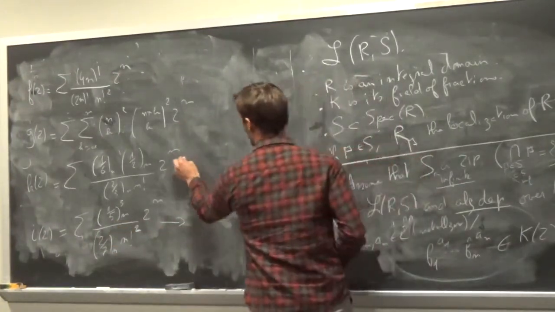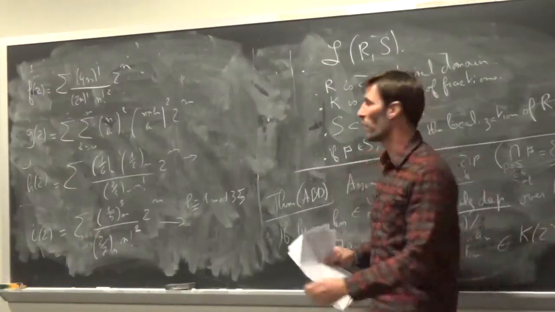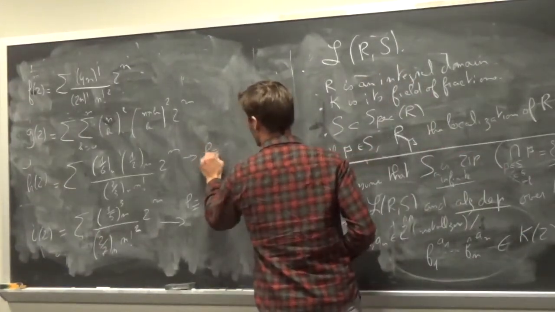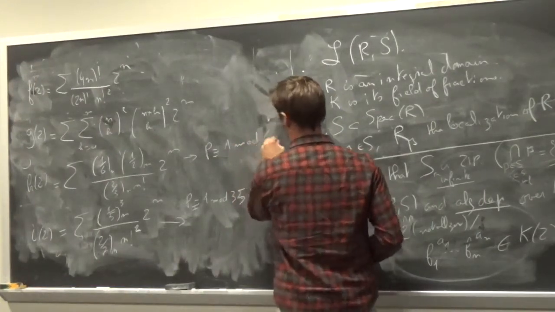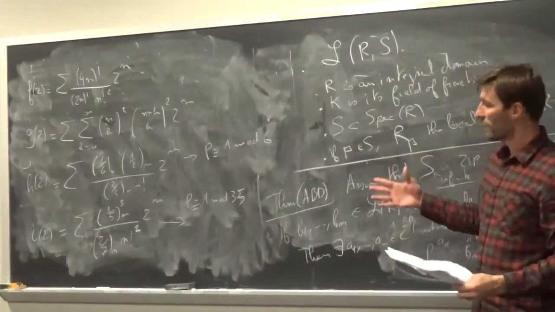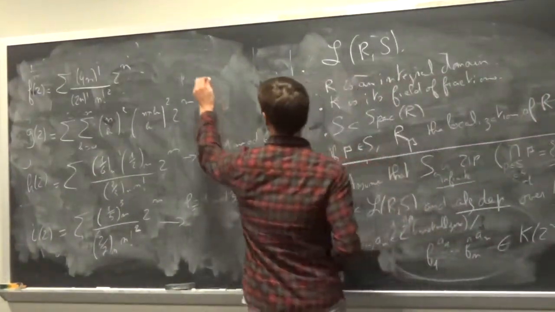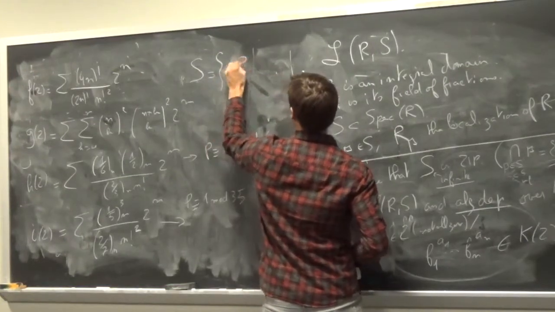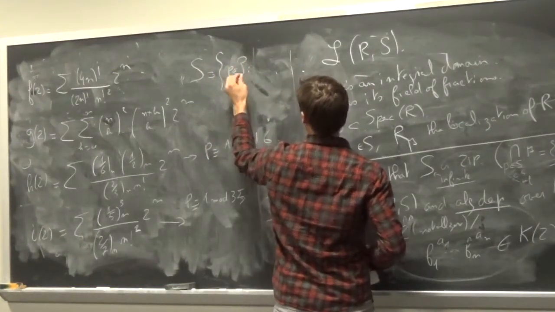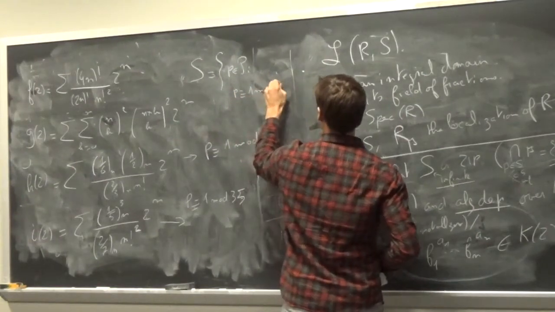And for those ones, they satisfy this kind of equation only for the primes that are congruent to 1 mod 6. So at the end, when we want to mix these four together, the set S we choose is a set of primes such that p is congruent to 1 mod 210.